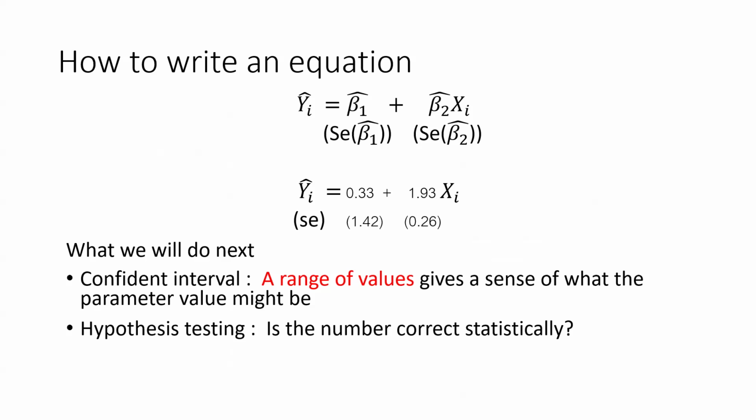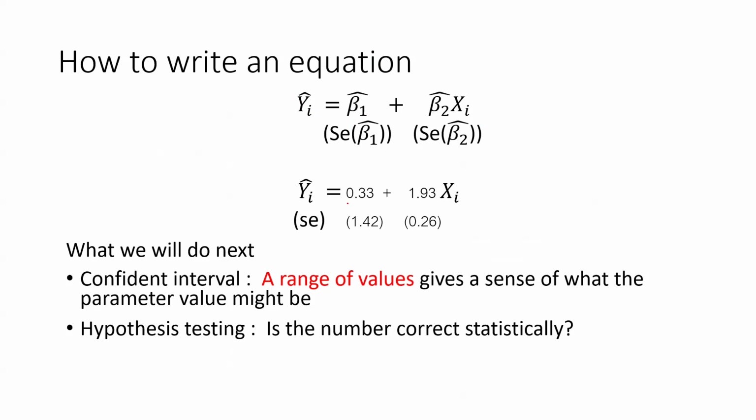When you obtain the data and obtain the beta and standard error, and you have to write the report or you have to read other reports, they will write down their equation similar to this type: y hat equals beta 1 hat plus beta 2 hat x.